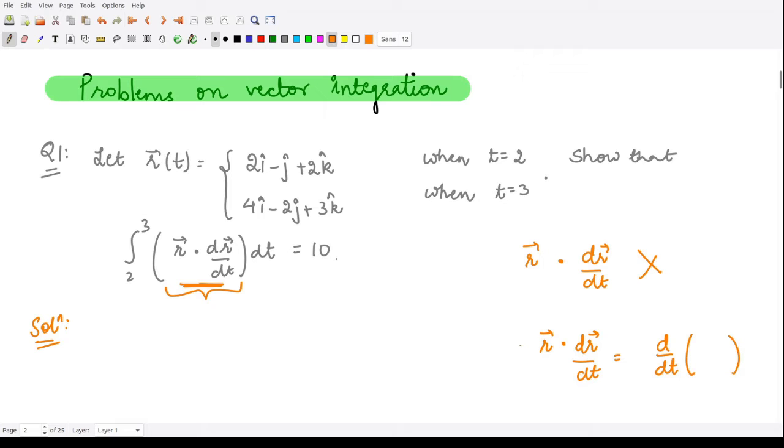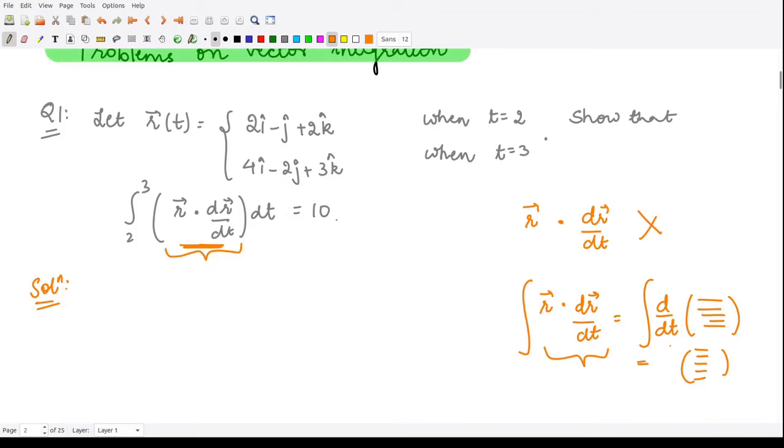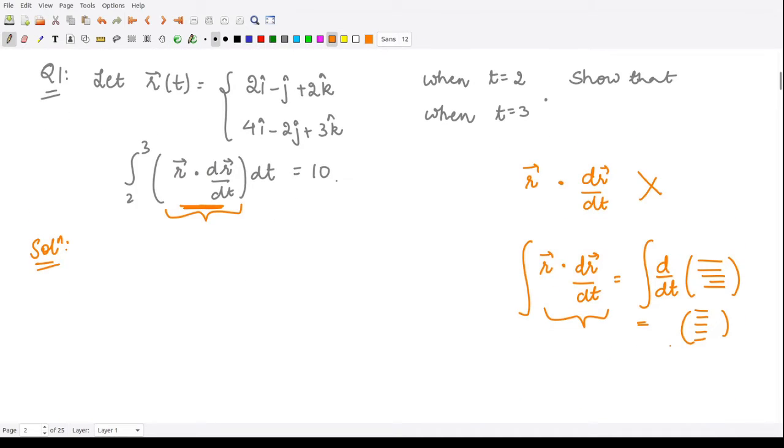Then whenever I take the integration of this quantity, I will only be getting that function as the integration. So it would be easier if we can write the vector r dot dr by dt as the derivative of some other function. So let's see how we can do that.